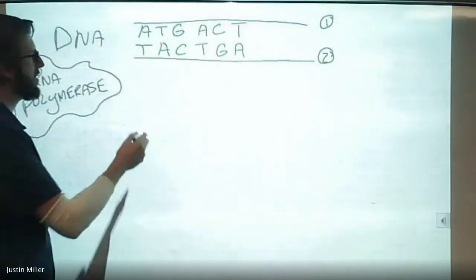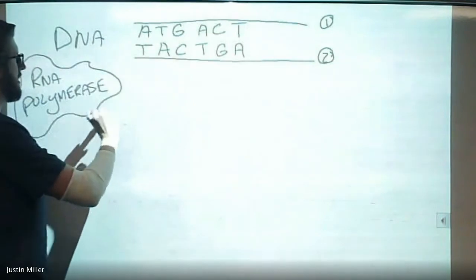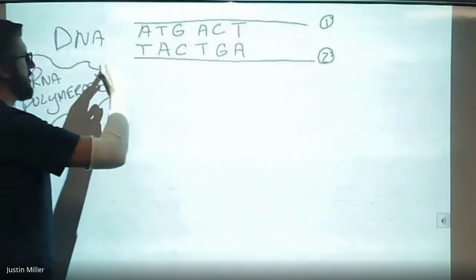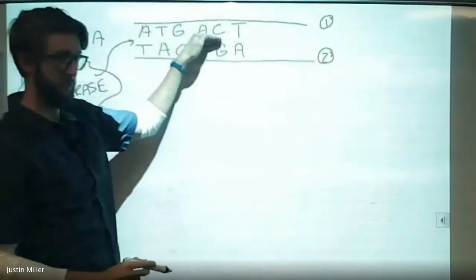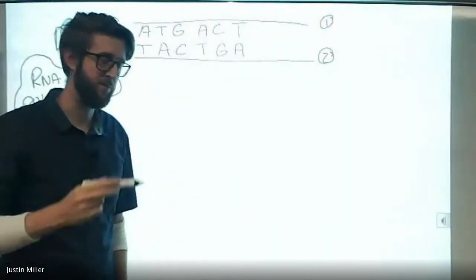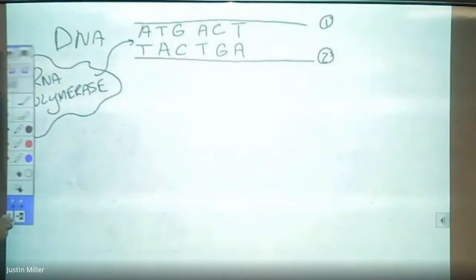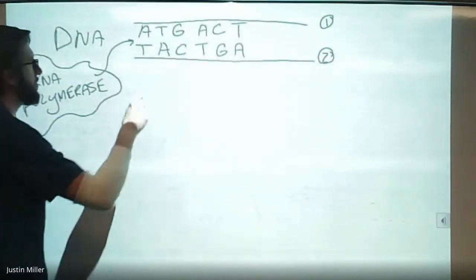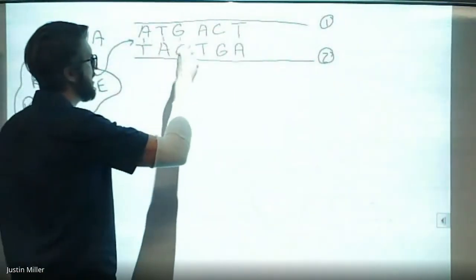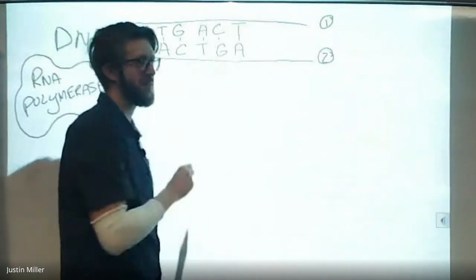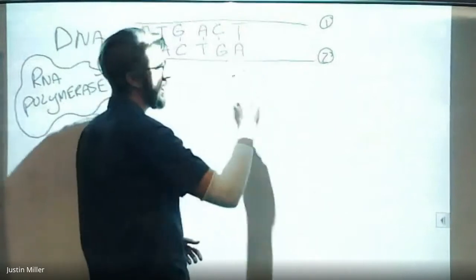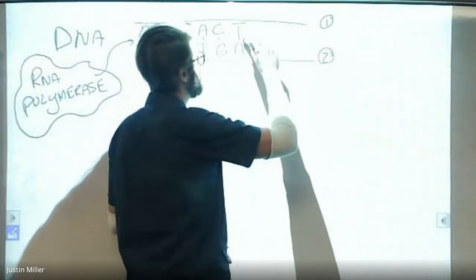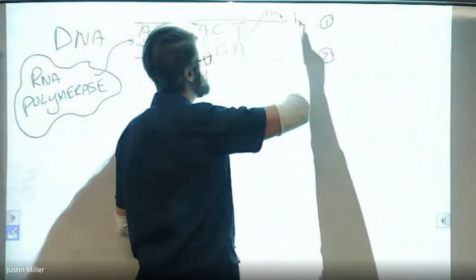The job of this enzyme, RNA polymerase, is to go right between the two strands of DNA, which, by the way, are actually loosely held together by weak bonds that we haven't talked about yet, but that I'm going to tell you about right now, which are called hydrogen bonds.